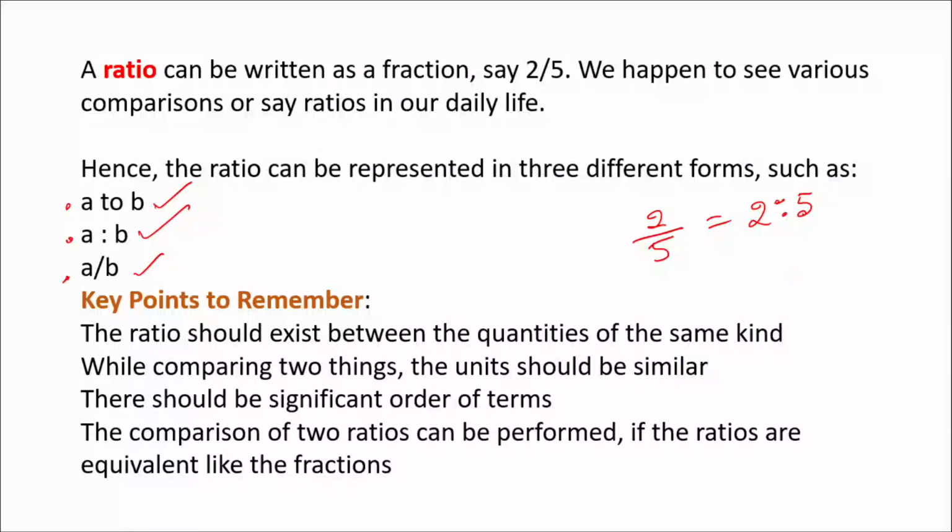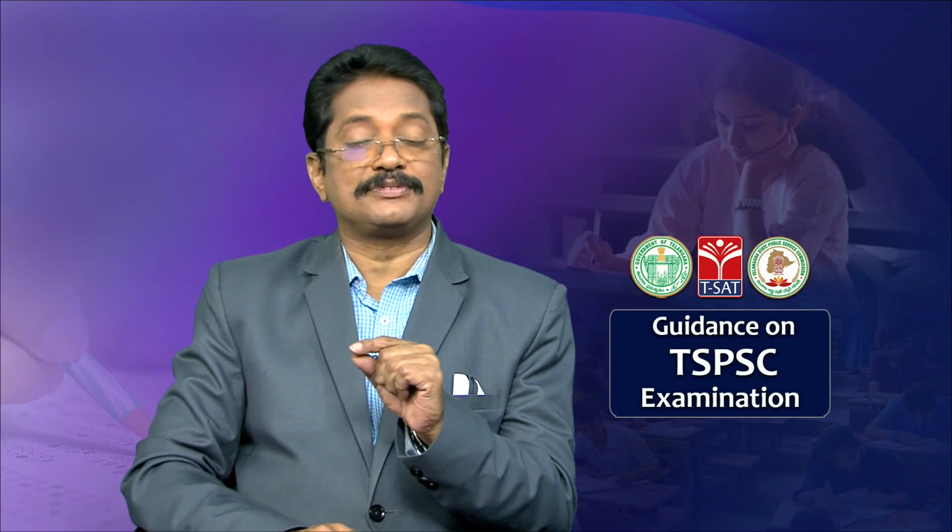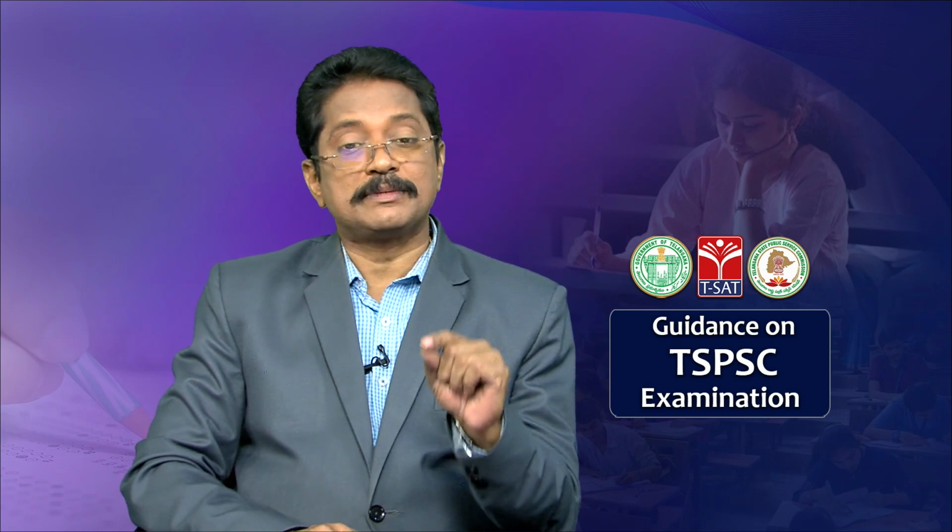The first one is the ratio should exist between two quantities of the same kind. Just now I said, if you say with respect to mass, you have to say with respect to mass. So, in 2 kilograms and 30 minutes, there is no ratio between these two. 30 minutes is meant for time and 2 kilograms is meant for mass.